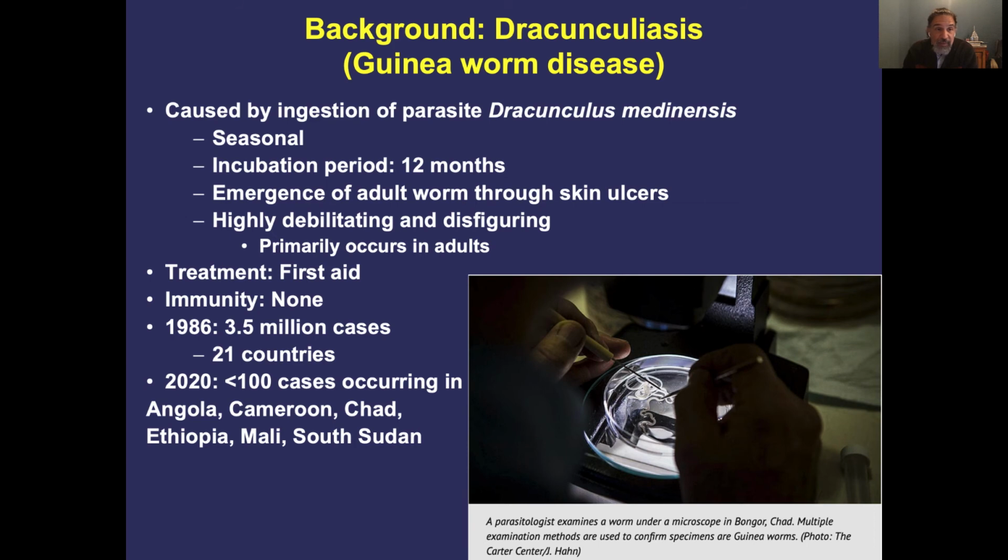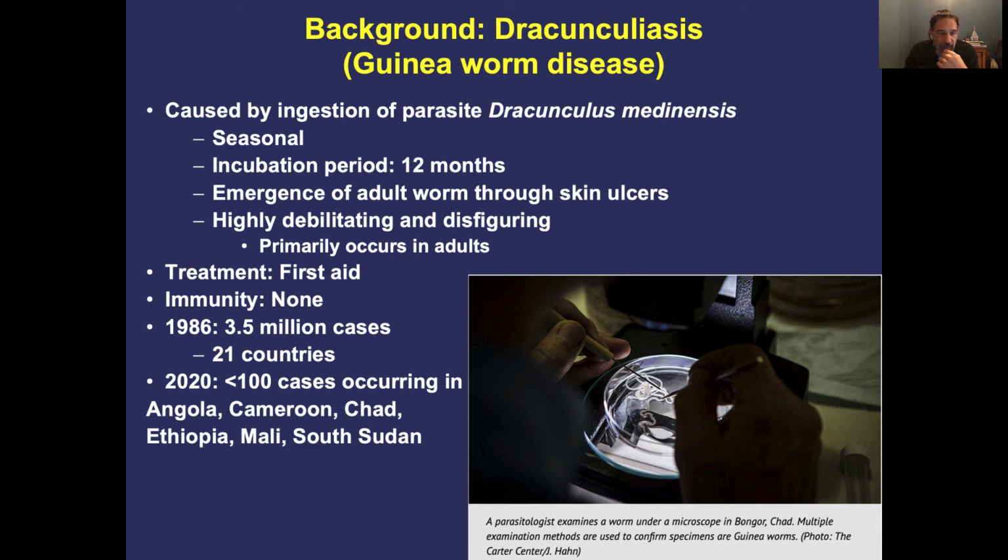The symptoms are those that result from the emergence of an adult worm through skin ulcers. It is not a very deadly disease, but it can be highly debilitating and disfiguring. It primarily occurs in adults, but there are also cases in children. The only treatment is first aid. There's no immunity that is developed after infection.